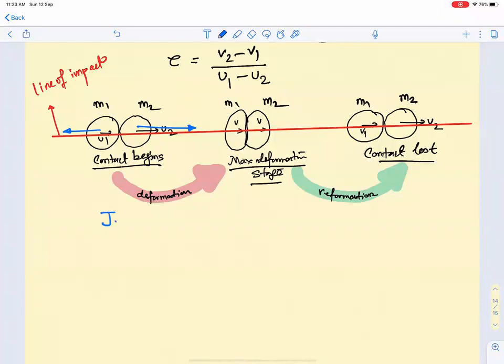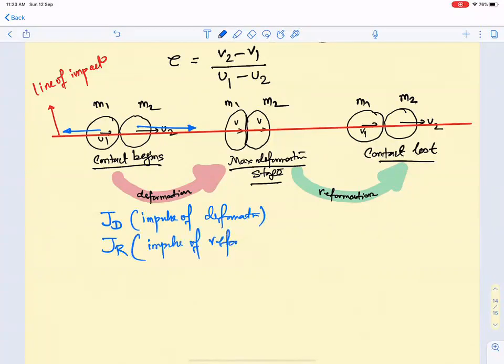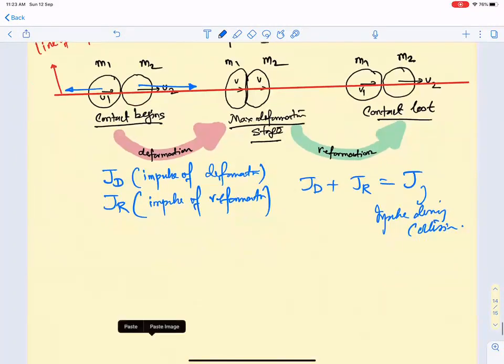However, so here is JD. JD is the impulse of deformation, and JR is the impulse of reformation. So JD plus JR is the total impulse during collision. Okay, so what is JD equal to? Suppose you consider body 2 only.